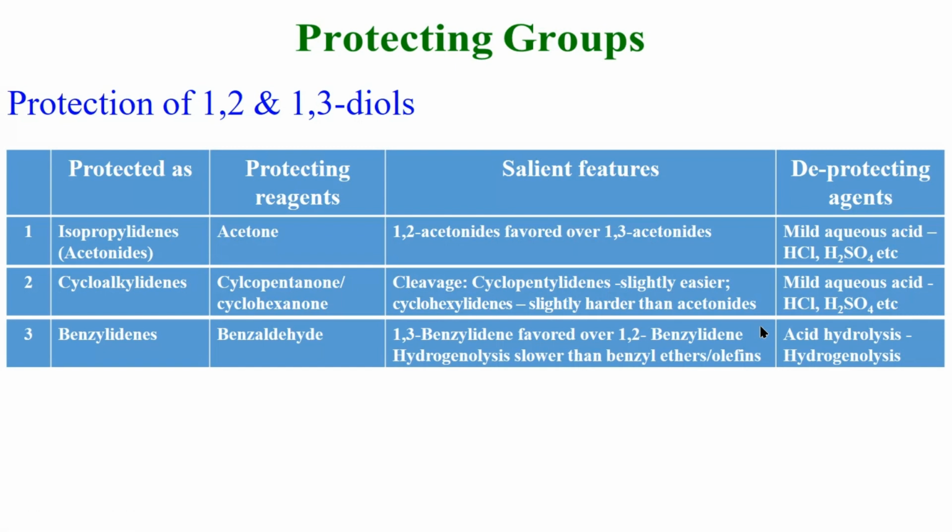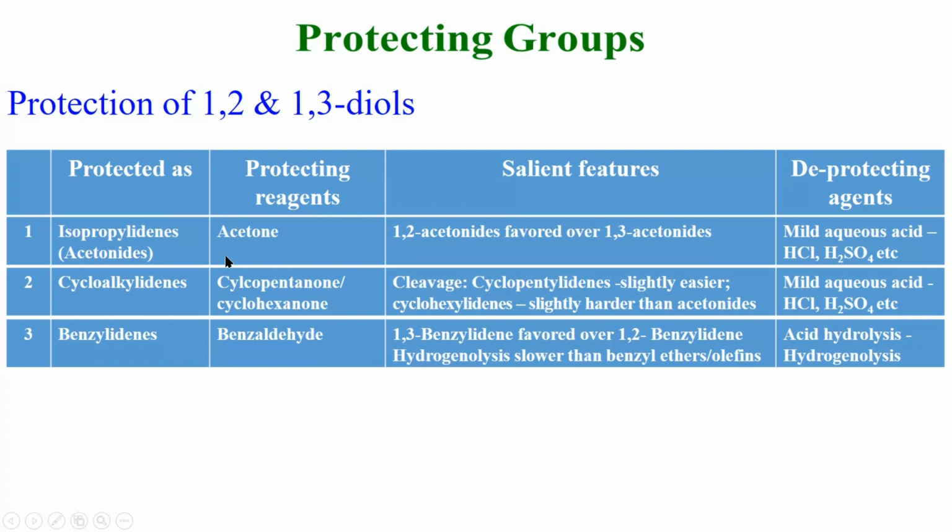They are also protected in the form of benzylidines by using the protecting reagent benzaldehyde, and they can be hydrolyzed easily by using acid hydrolysis like that of isopropylidines and cycloalkylidines. Another method of cleaving the benzylidines is hydrogenolysis, lysis by using hydrogen.